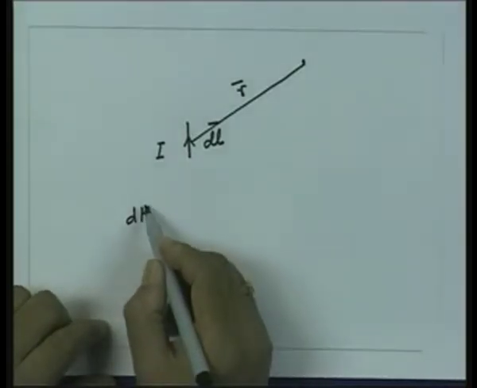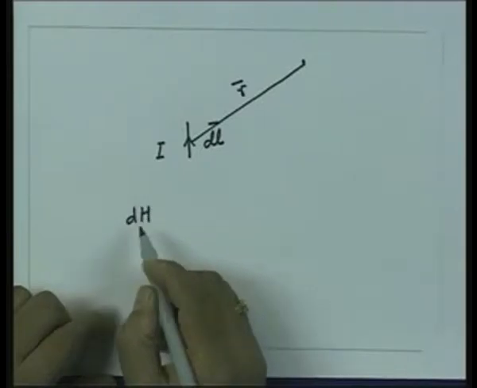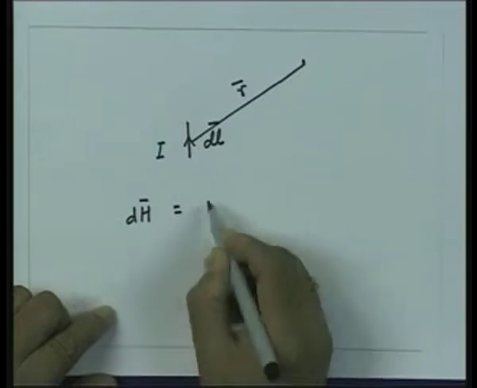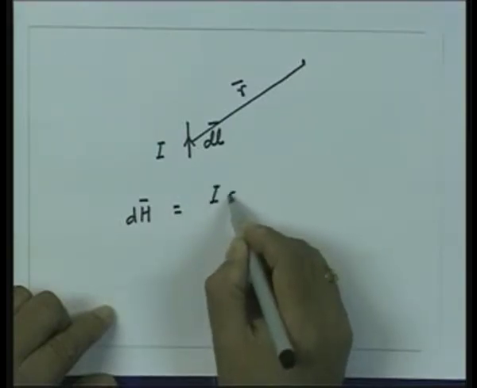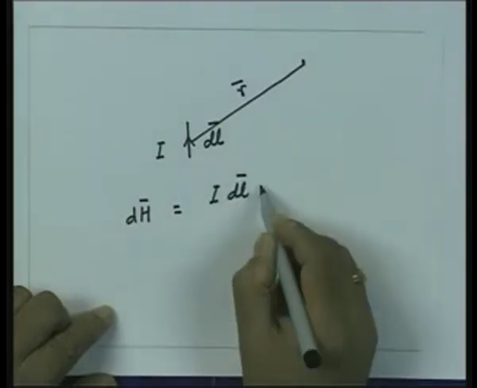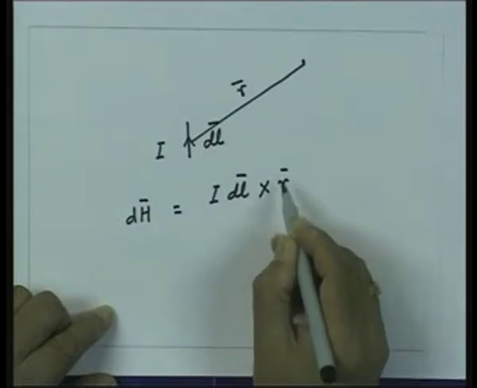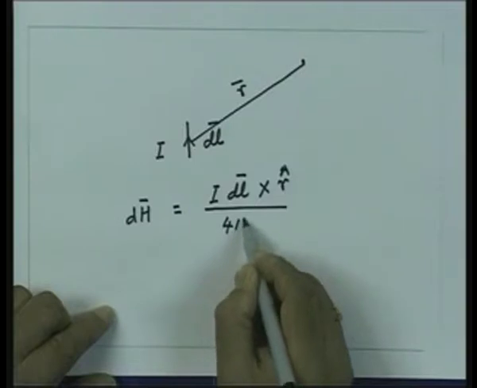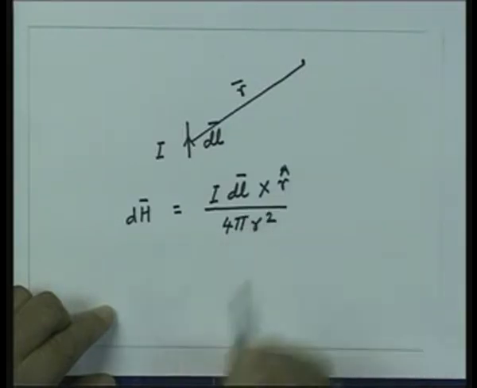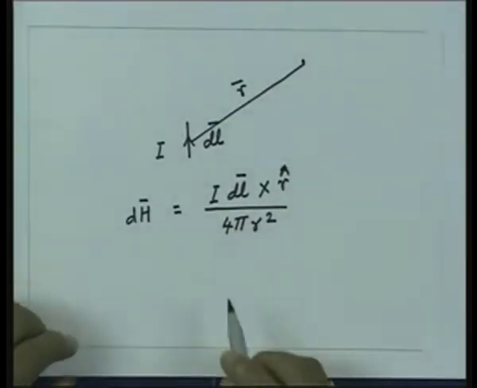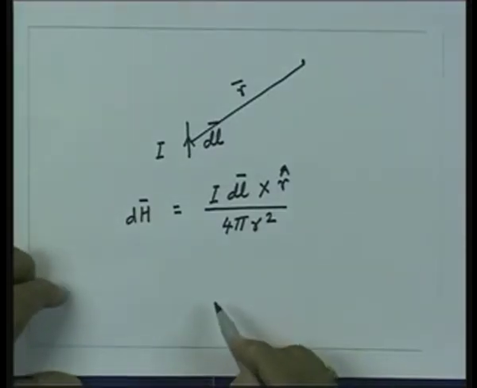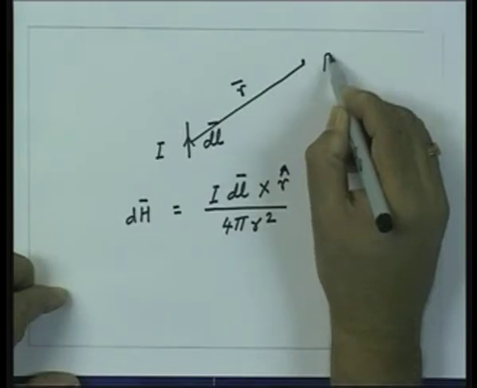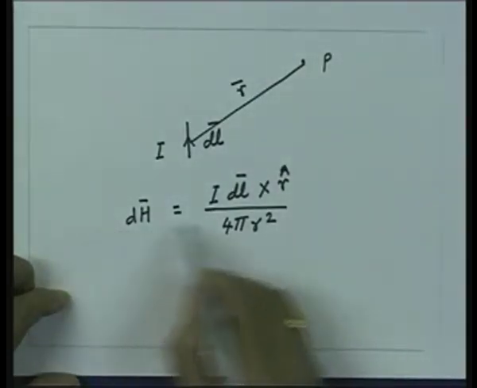So, dH gives me the magnetic field due to the small current element, that is equal to I dl cross r unit vector in this direction divided by 4 pi r square. So, the magnetic field at this location point P, let us say, is given by this expression.